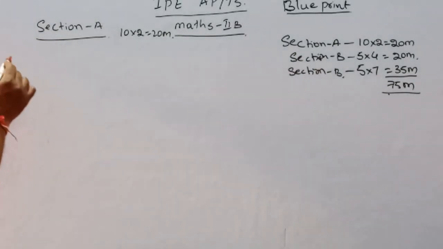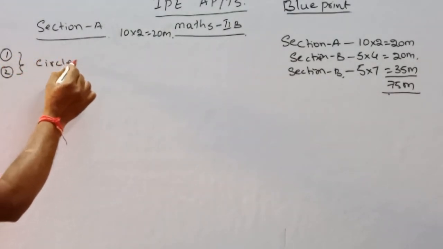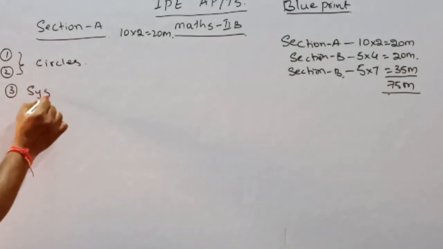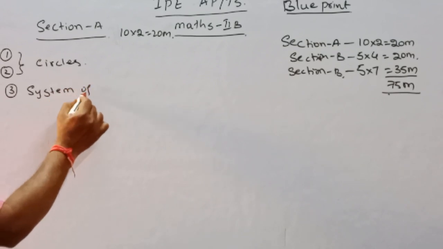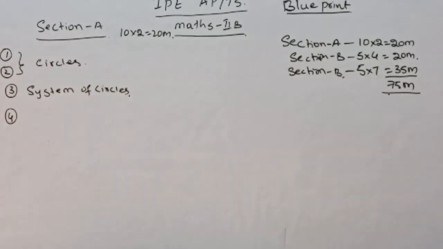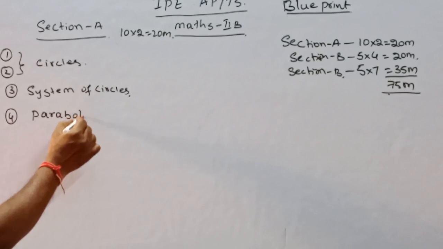Here in section A, the first question and second question are from circles. The third question is from system of circles. The fourth question is from parabola.